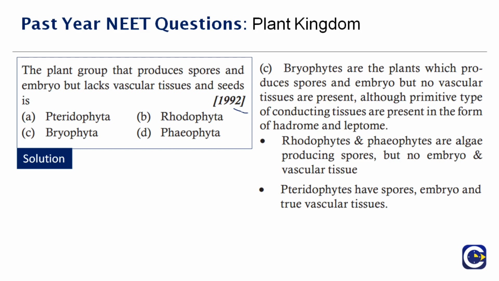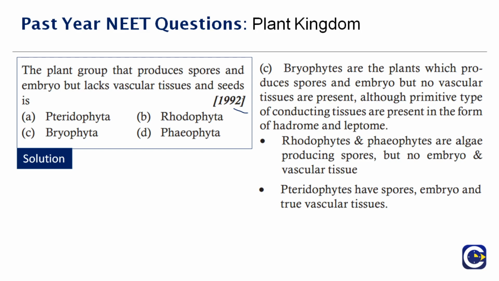An alternative primitive type of conducting tissue is present in the form of hadrom and leptom. And we also know that in their reproduction, the male gametes and the female gametes come together with the help of an external source of water. So they produce spores or embryo, but no vascular tissues are present here. Rhodophyta and Phaeophyta are algae, right?